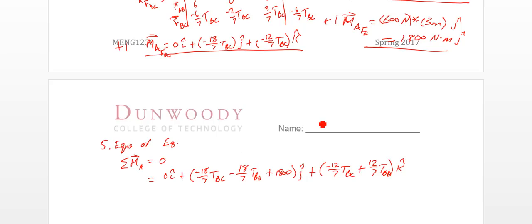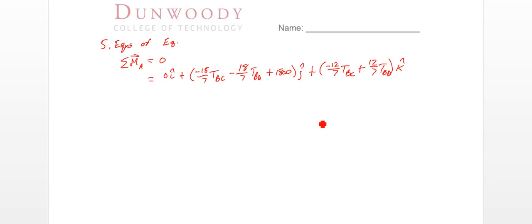Alright, so now I can scroll down a little bit more and give us some room. If the sum of these moments is 0, that means that our i components equal 0, our j components equal 0, and our k components equal 0. I'm going to start with my k components.